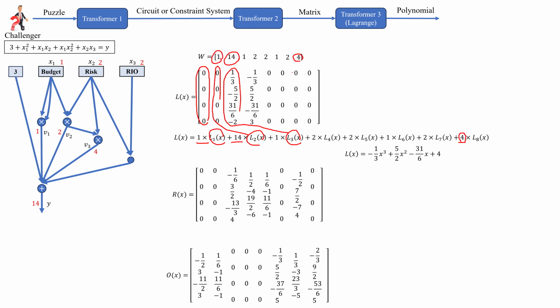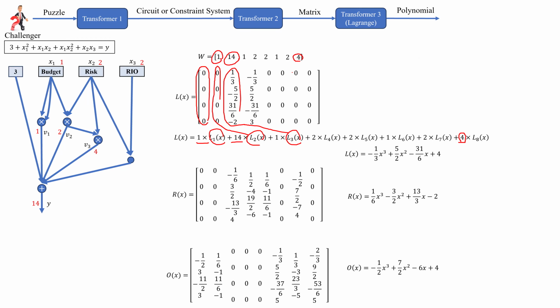Okay, if we do the same thing, multiplying the 8 polynomials of R of X by the 8 elements of the witness vector and adding them to each other, you will reach the R of X polynomial, which represents the matrix R, and also O of X, which represents the matrix O. Okay, now instead of working with matrices, we can work with polynomials.